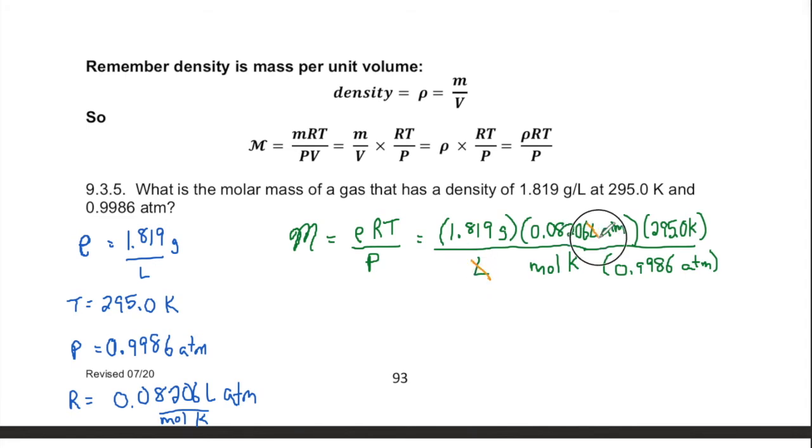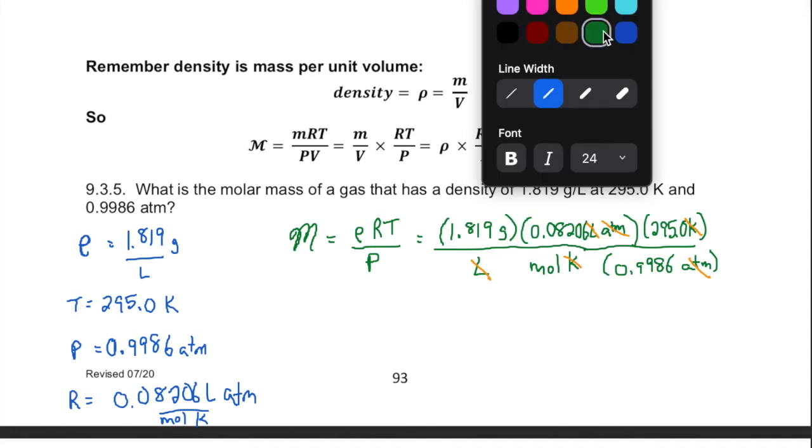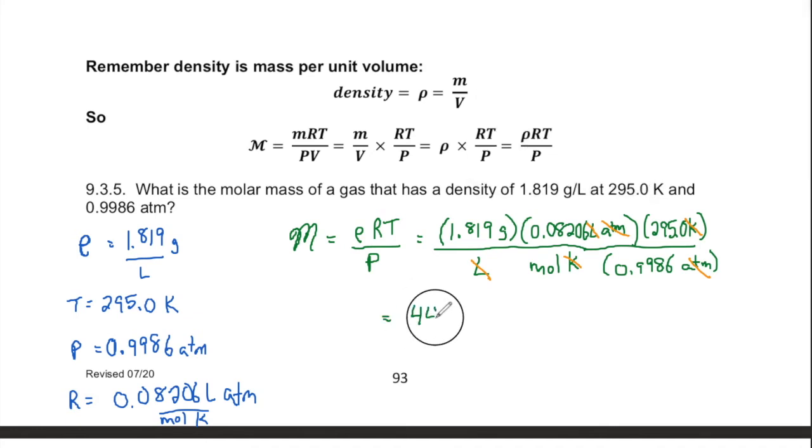So our liters are going to cancel, and our atmospheres are going to cancel, and Kelvins are going to cancel, and we will end up with grams per mole for our molar mass. And that ends up being 44.10 grams per mole for that particular gas.